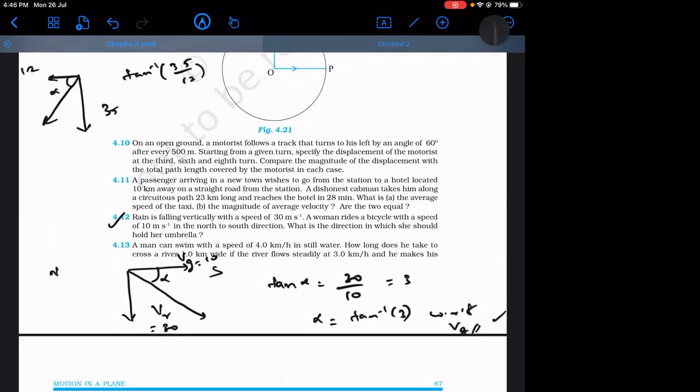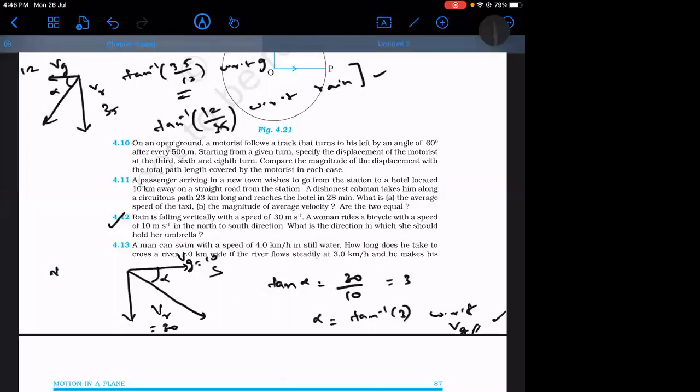Yes, sir. So then this is the girl, this is rain. So tan inverse of 35 by 12 with respect to girl, or tan inverse of 12 by 35 with respect to rain. Both are correct. Okay, sir.